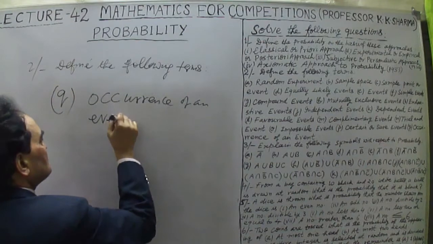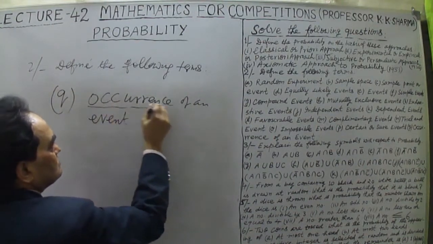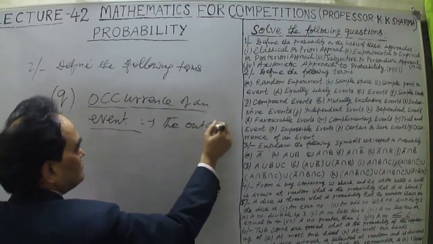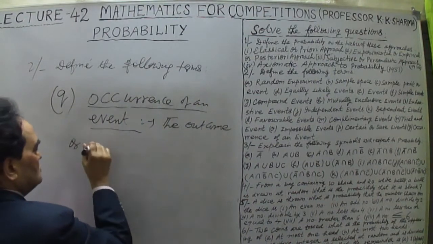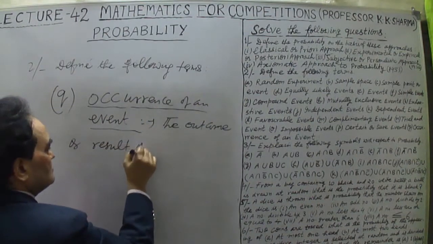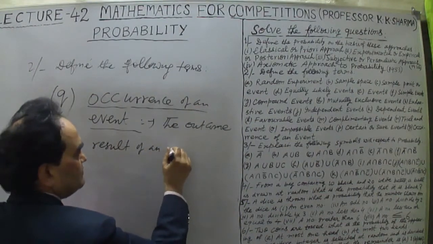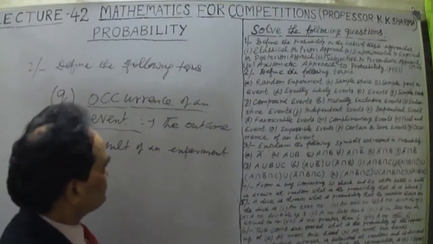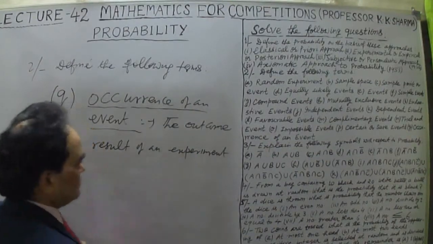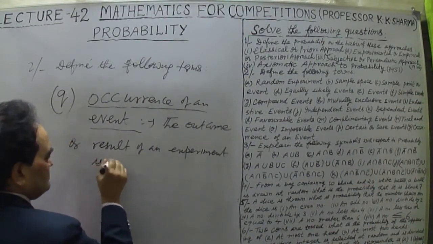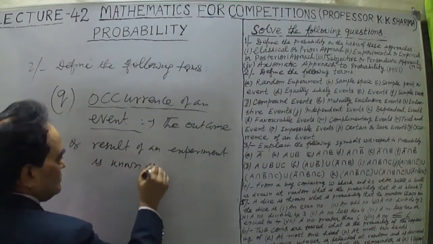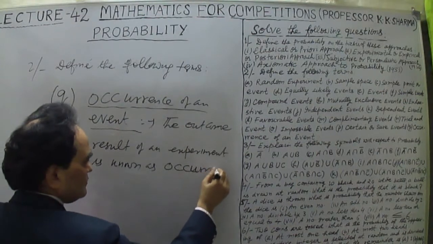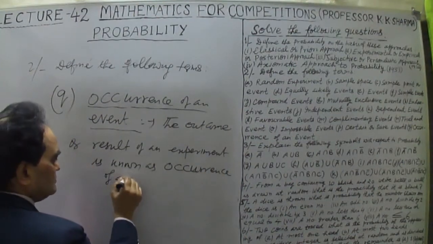As I've talked about, the outcome or result of an experiment is known as occurrence of an event.